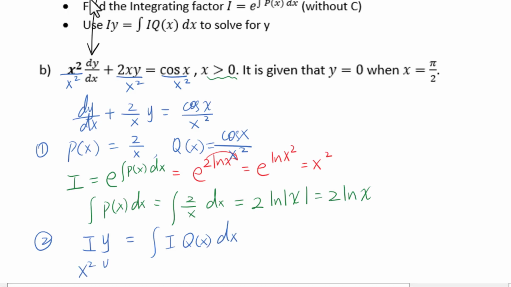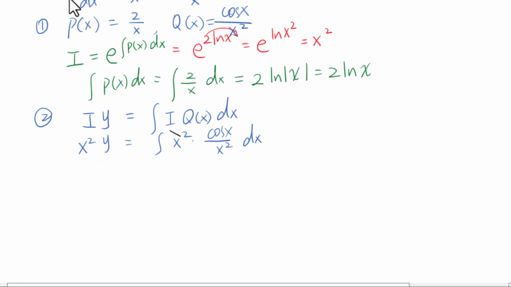x squared y equals the integral of x squared times q of x, which is cosine x over x squared. This reduces to the integral of cosine x dx.